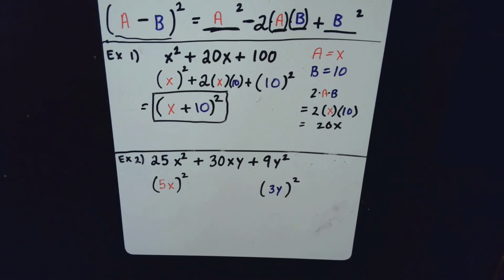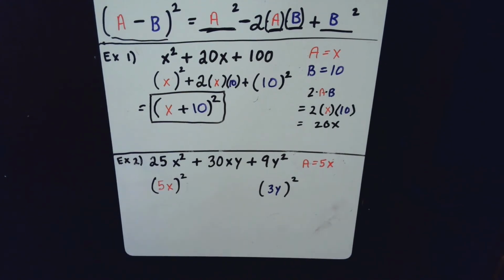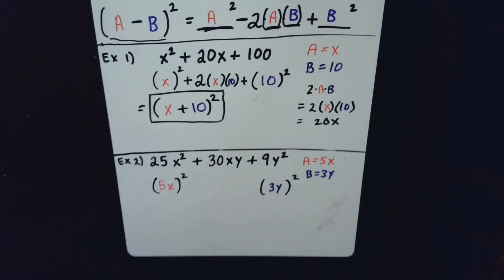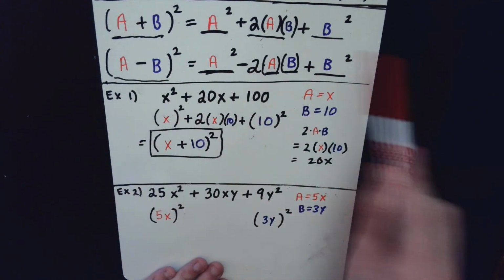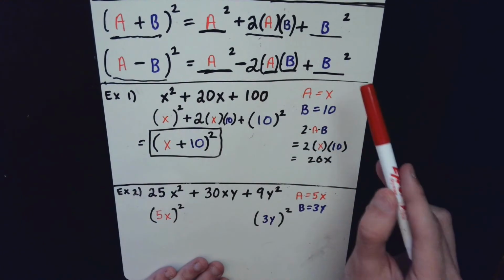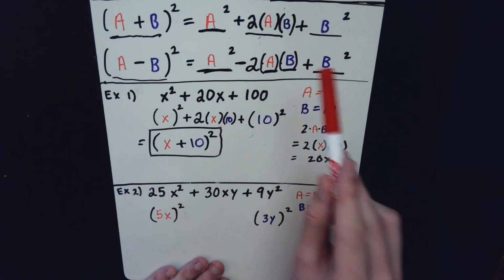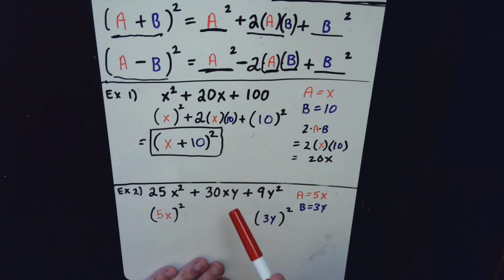That means that we have a is equal to 5x, and b is equal to 3y. And again, we're just going to check. Because we have a plus sign here, we know it's this first formula. We didn't really use the second formula at all in this video, but that's okay. So we're using that first formula, and we're going to check that 2 times a times b is 30xy. Let's do that.